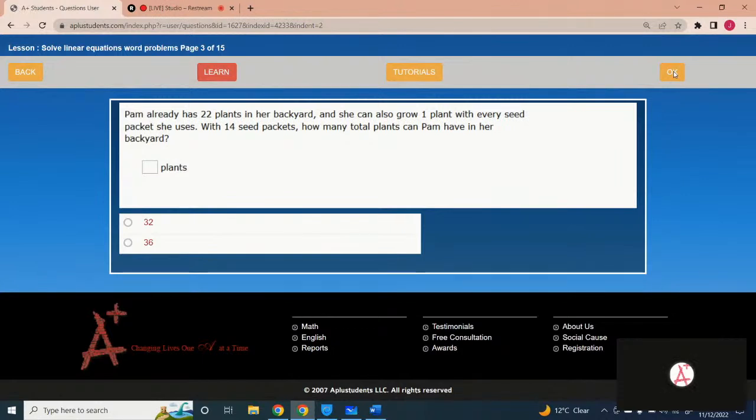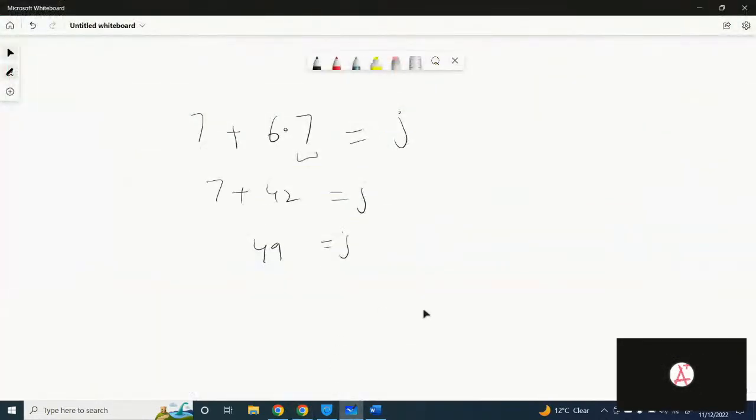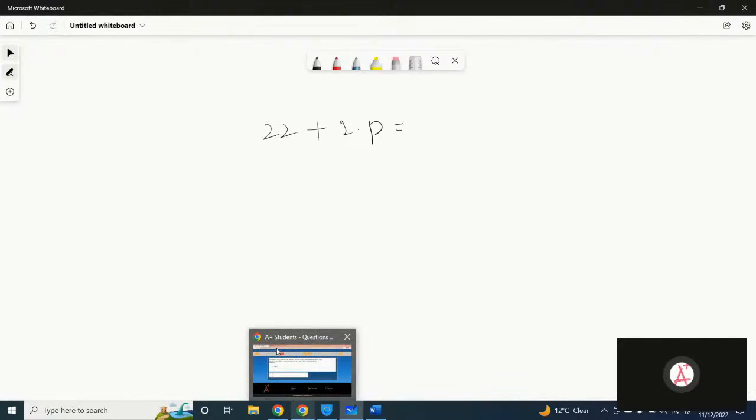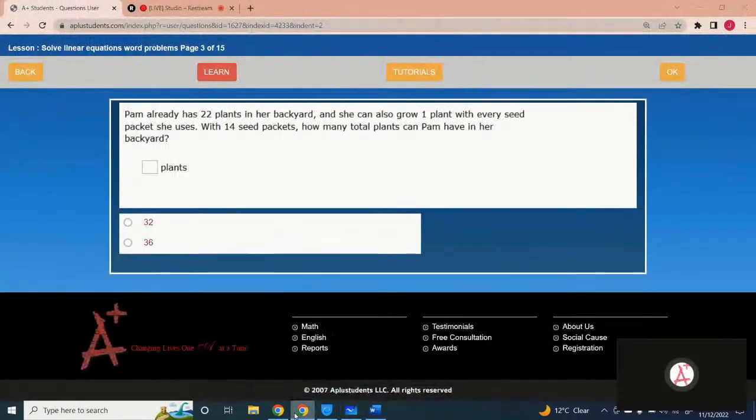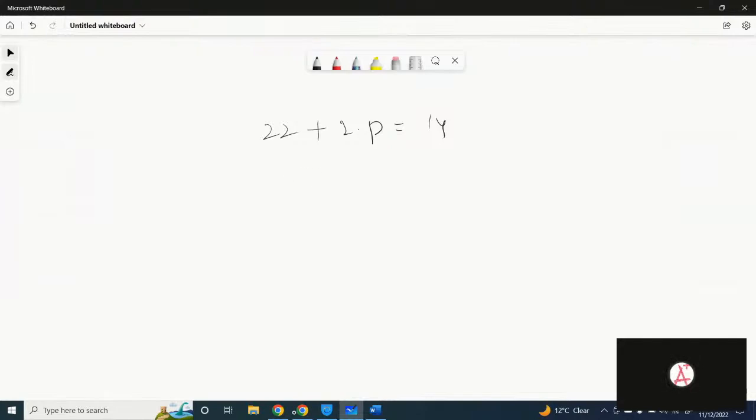So it would be 22 plus, and the total plants is P, and the 14 total packets is 14. So it would be 22 plus P equals 14. Move 14 to the other side, it would be 22 minus 14. So it would be 8.